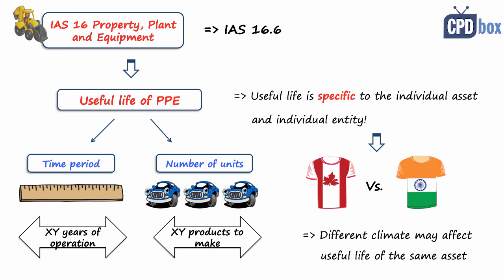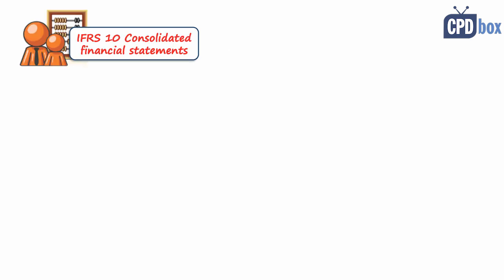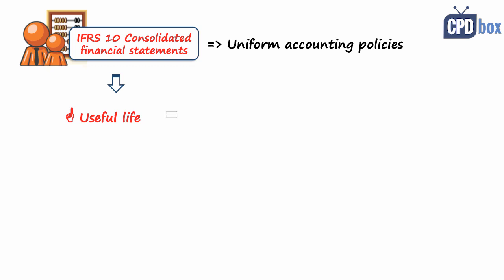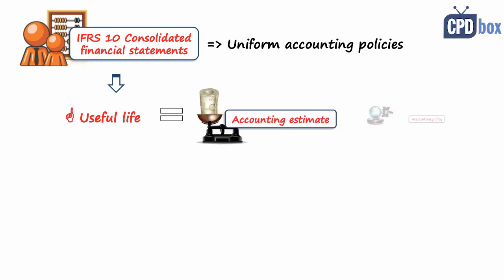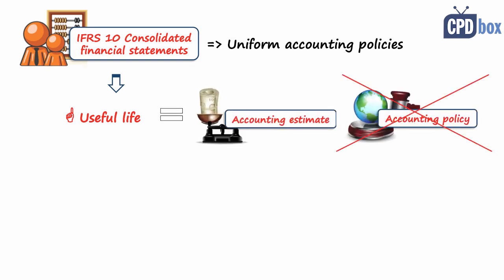And if you work for a group that does not have the same useful life for each subsidiary, then I guess it's okay. Okay, I can hear you saying, but when you consolidate, IFRS 10 says that the companies within the group must apply the same accounting policies. Yes, that is true. But the useful life is not an accounting policy. It is an accounting estimate, and it is specific for each company and each asset, I would say.